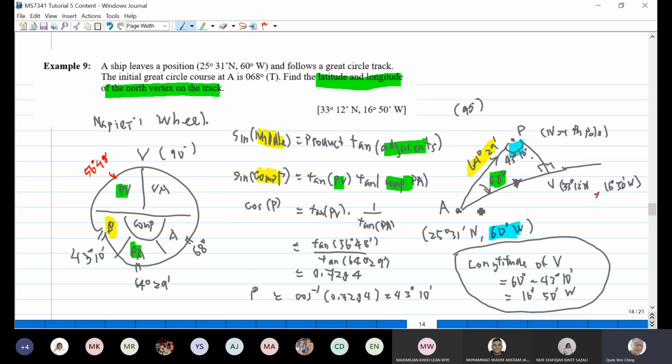So for the longitude of V, because the ship goes to the east side, from 60 degree you start here and move to the east side, so you decrease, because the longitude will decrease, right? Decrease by how much? 43 degree 10 minutes. So you get longitude 16 degree 50 minutes now. Okay, so this will stop the problem. Let me stop recording now. Okay, stop recording.